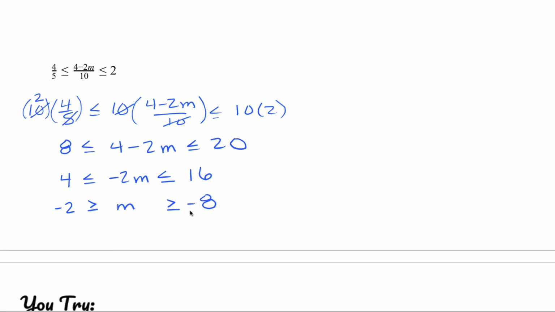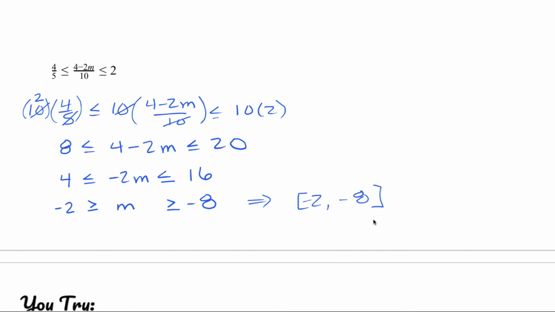Now this looks backwards to me. It's not that this isn't a true statement. It's just that we traditionally see things in a 3-part inequality as less than, less than or equal to, because this doesn't imply negative 2 to negative 8.